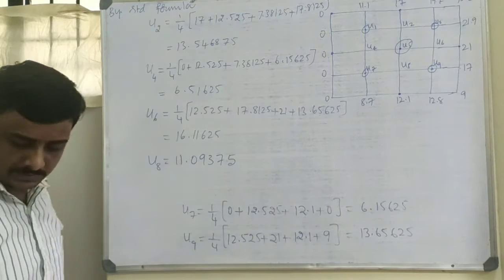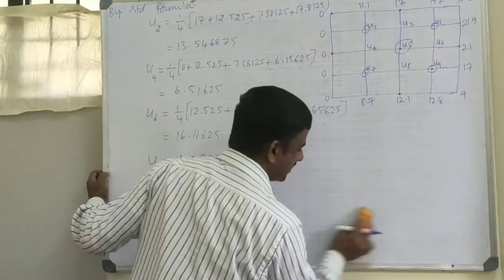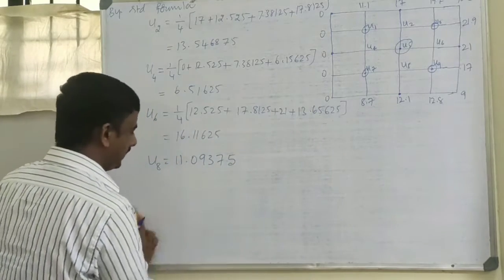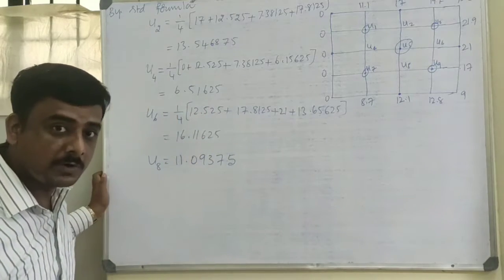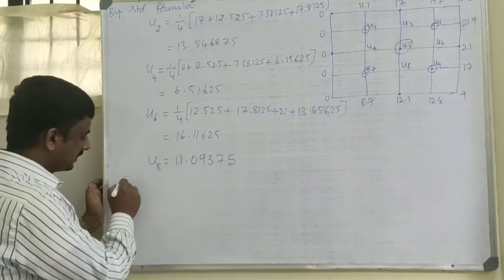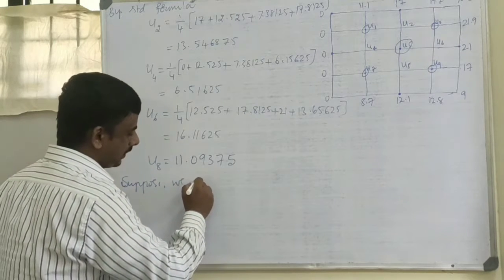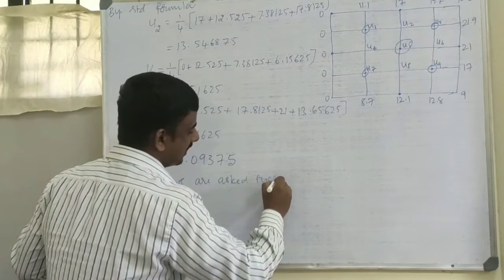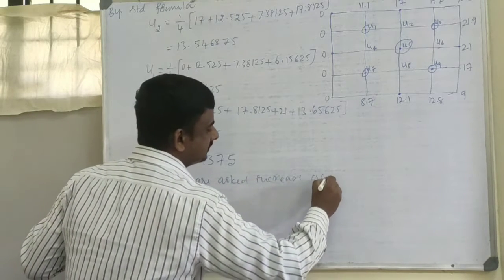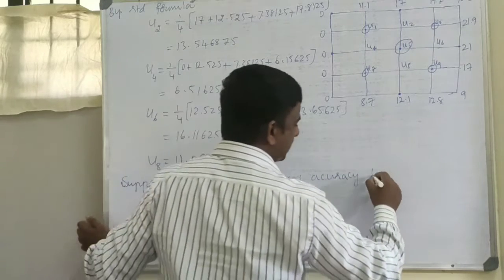So we have computed all the values of the given mesh. So this is the way of finding the solution of Laplace equation. Suppose we are asked to increase accuracy by iteration.